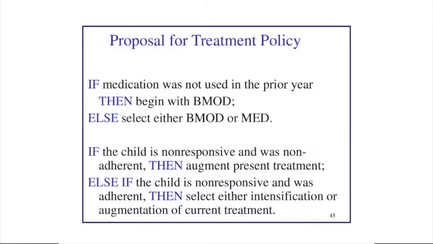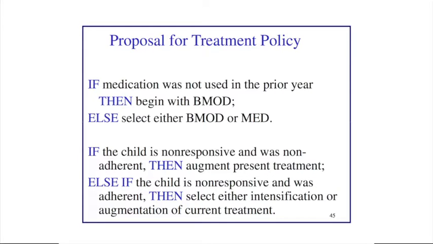So here's what we recommended. If medication was not used in the prior year, then begin with behavioral modification. This is where the clinician introduced his opinion into it, but he had some evidence. It wasn't like the data evidence was totally not there. Else, select either B-mod or med. So for a child who had received medication before, there's no evidence one way or the other.